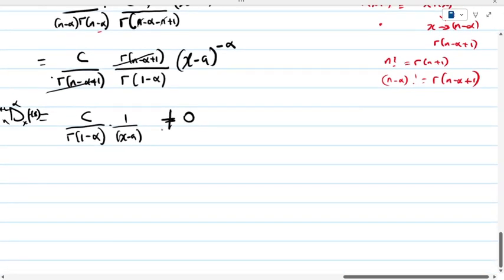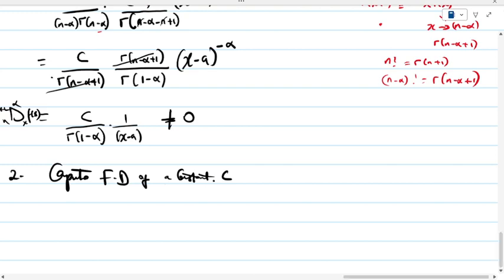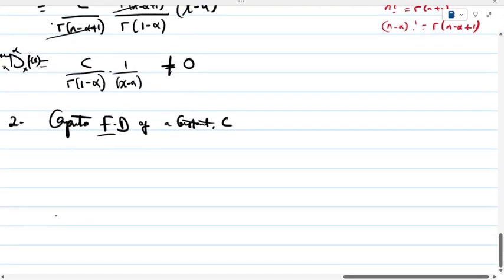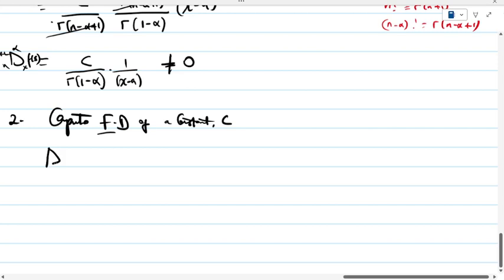So let's make use of the Caputo fractional derivative and see our result for the same constant. Caputo fractional derivative of a constant C. Don't forget the slight difference is that Caputo is of the opinion that we should find the differentiation of the function before the integration.